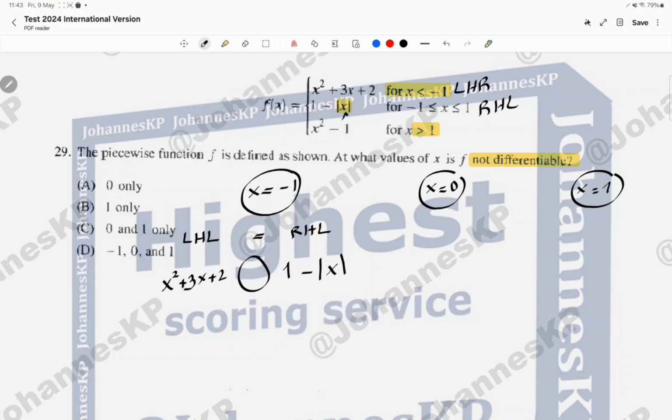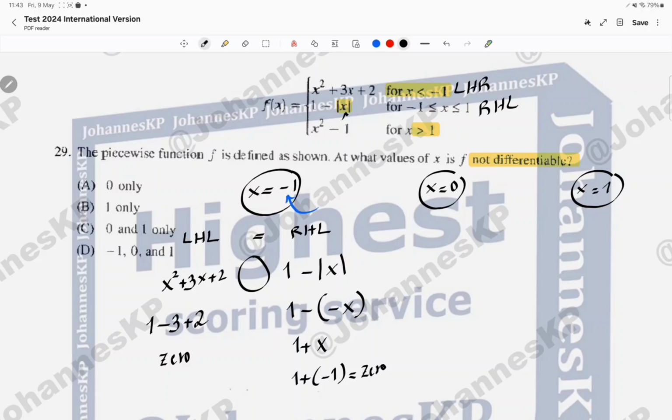Now instead of the x, put -1, so -1 squared is 1, minus 3 is -2, plus 2. So how much do we get? 0. And here, because my x is negative, you must turn the absolute value on the inside into a negative as well. So 1 plus x. Now plug in -1, so 1 minus 1 is also a 0. So we know it's continuous.